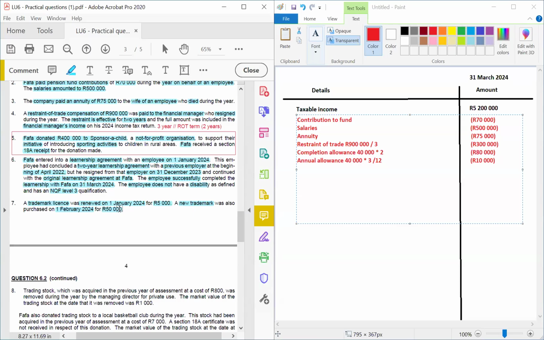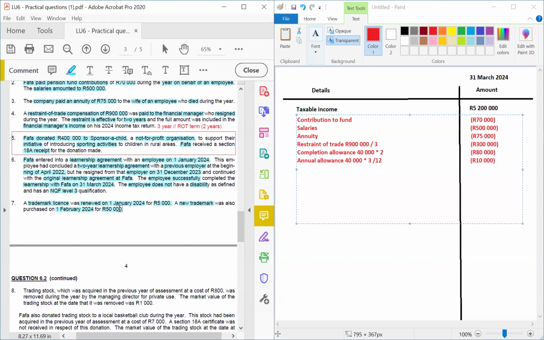That's what we are told. The trademark license was renewed on the 1st of January 2024 for 5,000. A new trademark was also purchased on the 1st of February 2024 for 50,000.